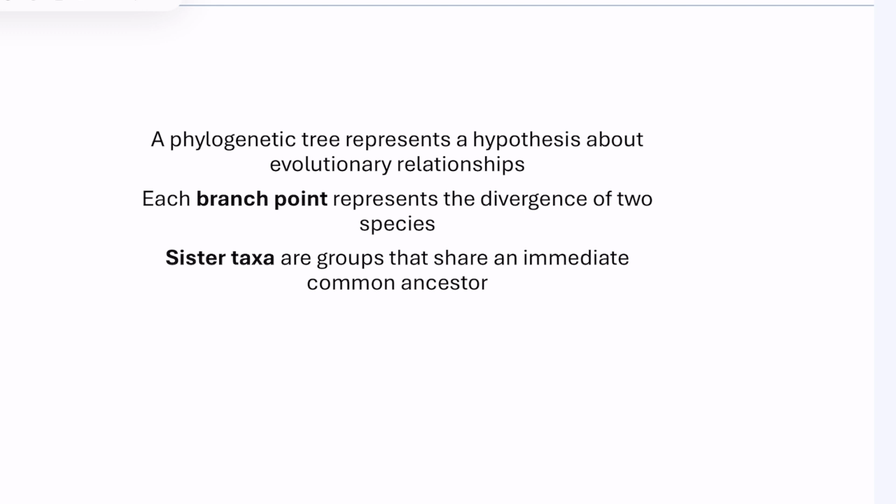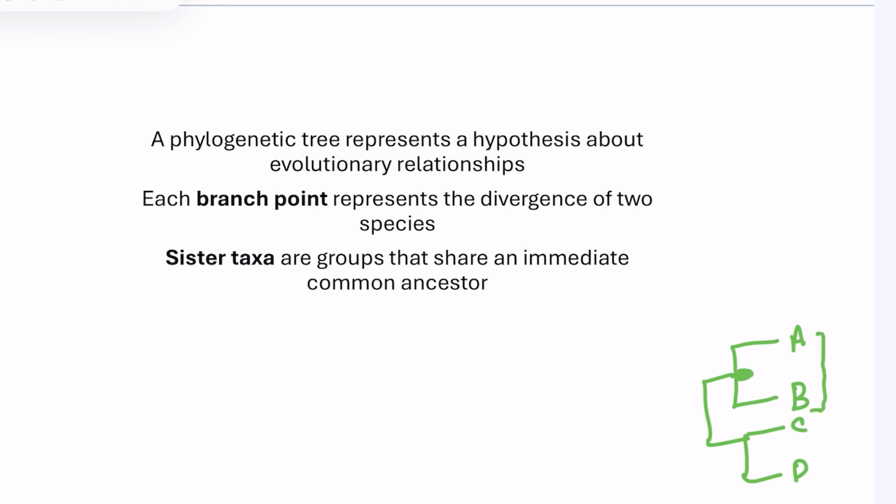Now we will discuss different parts of a phylogenetic tree. For example, if we have A and B, two taxa, and here C and D. You can see here, this is the branching point, and this is the sister taxa.